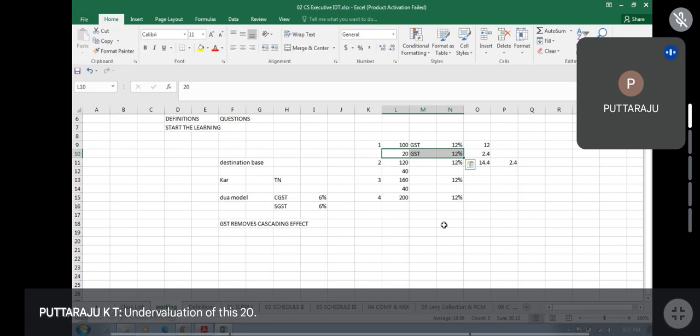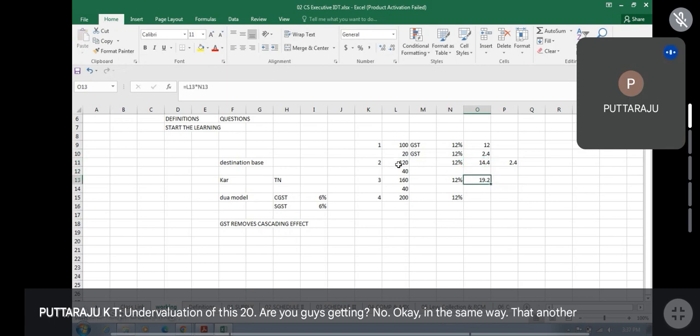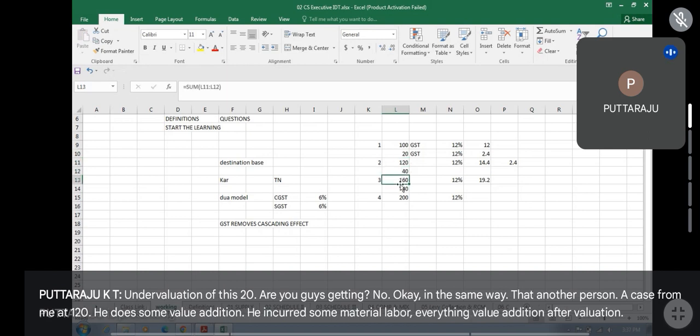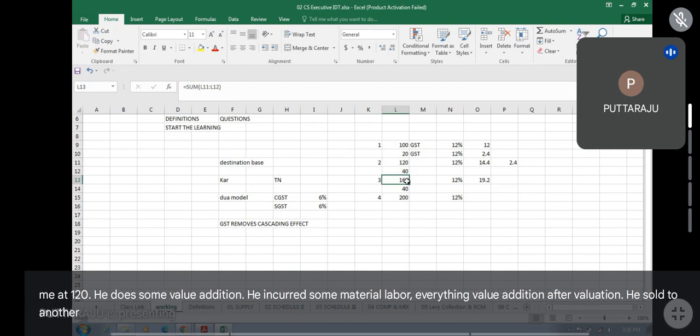Are you guys getting? Yes, okay sir. In the same way that another person purchased from me at 120, he does some value addition. He incurred some material, labor, everything. After value addition, he sold to another person at 160.